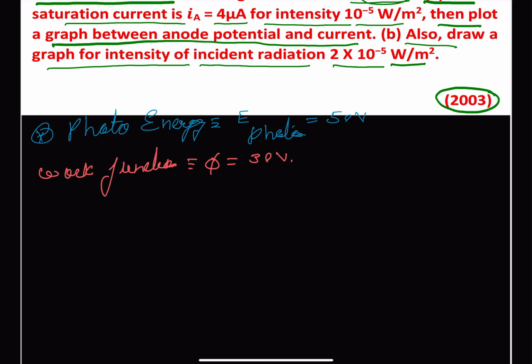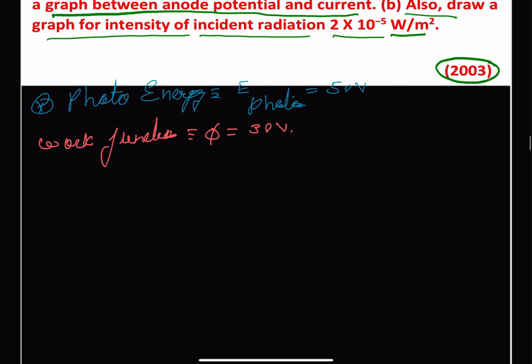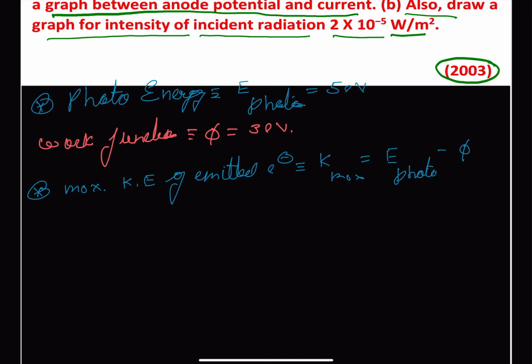So we can write that the maximum kinetic energy of emitted electrons, that is our K max, will be equal to E photon minus the work function.